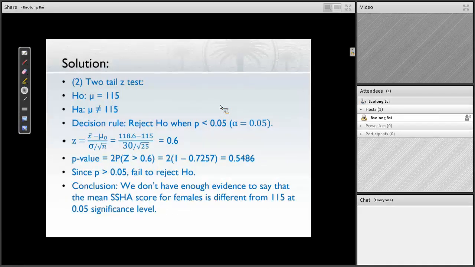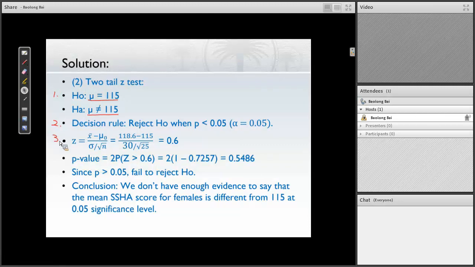So then the null hypothesis will be mu is equal to 115. So this is the first step, stating hypothesis. Second step, state the rejection rule. Reject the null if p is less than 0.05, right? Because alpha is not given to us, so we use 0.05 as alpha. Then step 2 is done.